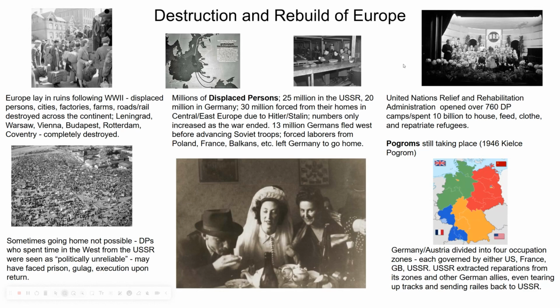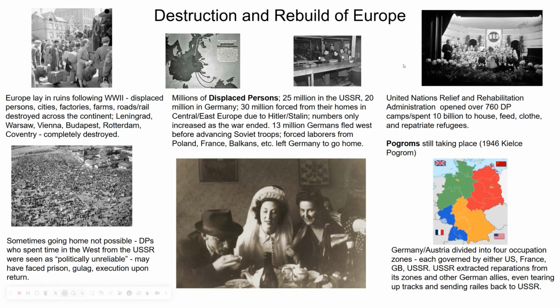The United Nations opened up camps across the continent and received funding to house, feed, and clothe people after the war. 760 camps across the continent. Again, sometimes people could not make it home. Sometimes people were stuck where they were stuck.